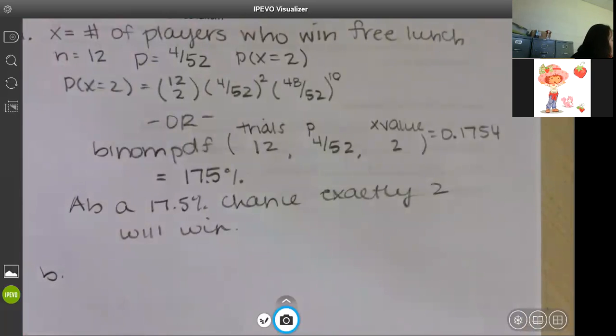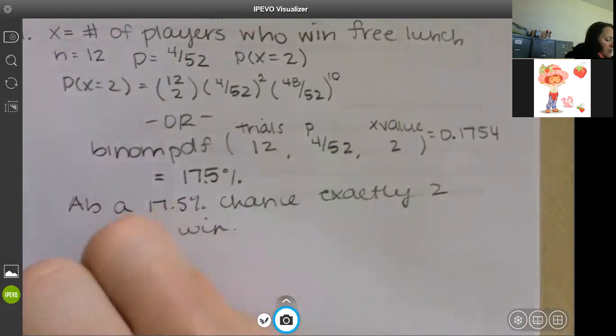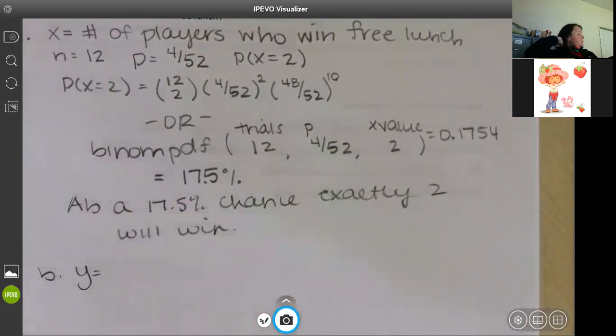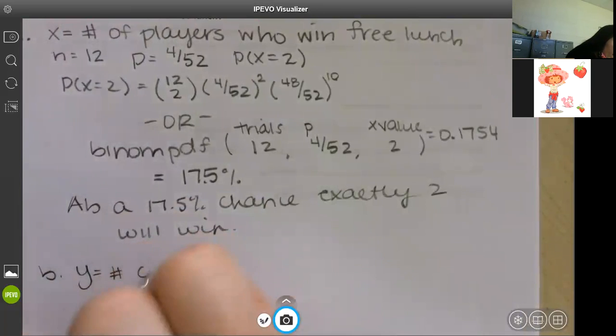B: if 250 customers place lunch orders on the first day of the promotion, what's the probability that fewer than 10 win a free lunch? I'm going to change this one to Y so we're not dealing with the same variable. What's our binomial variable? That would be the number of customers that win.